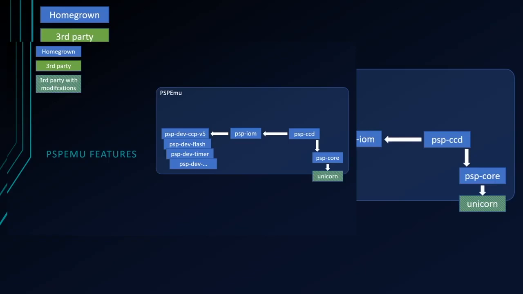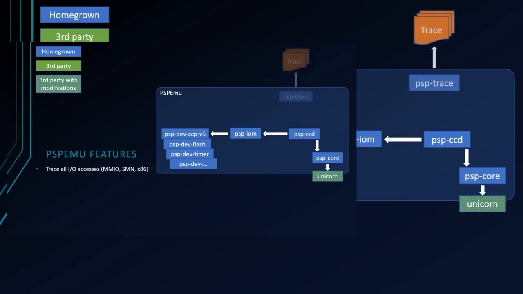Then the PSP IO manager handles all MMIO, SMN, and x86 accesses being made from the firmware and forwards them to the appropriate devices. Therefore, it emulates the SMN and x86 slot registers Robert already talked about in the first part of this talk.